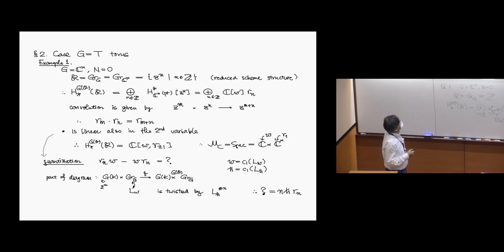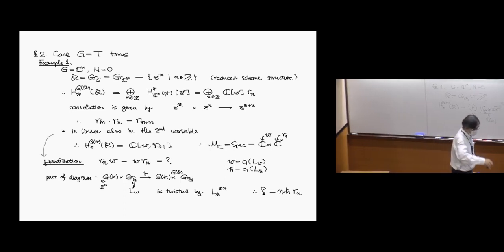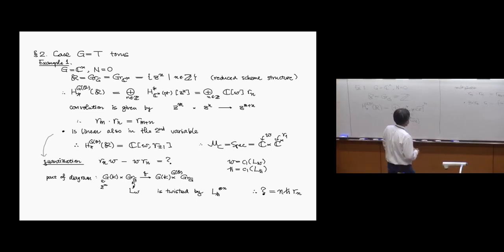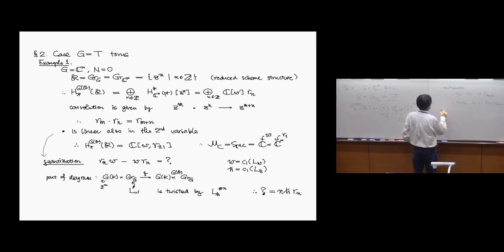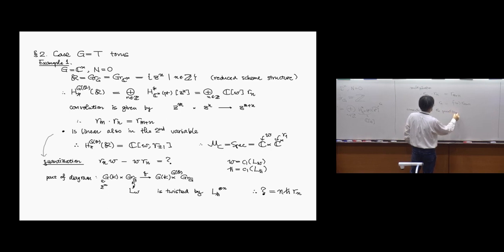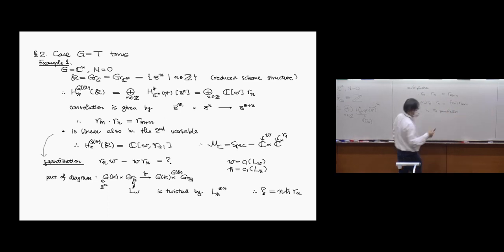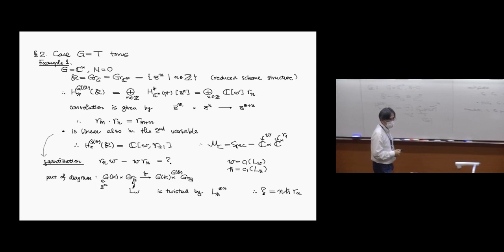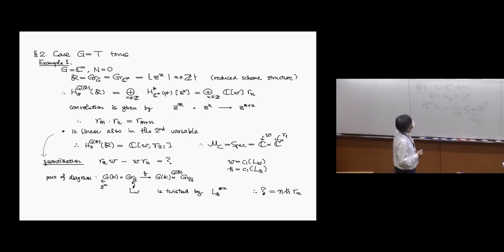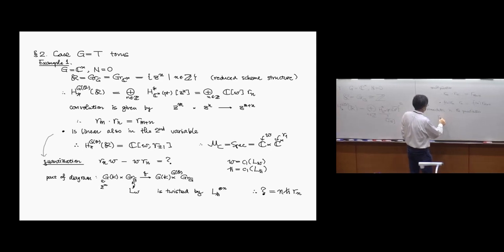So if you compute a commutator in quantization, then I really need to use the definition of the convolution product using the diagram. So that I postpone to explain tomorrow.